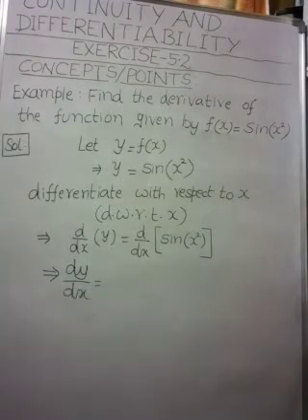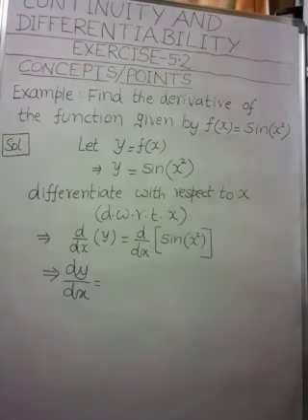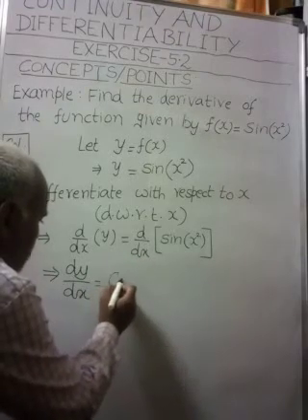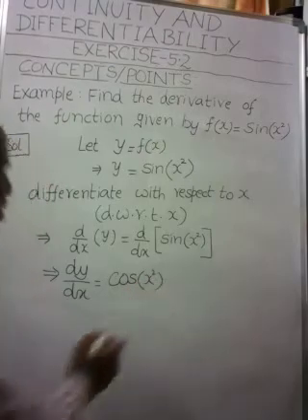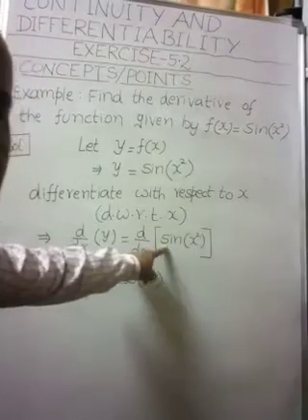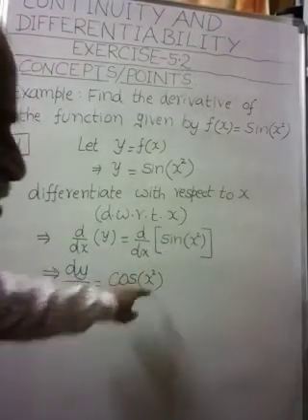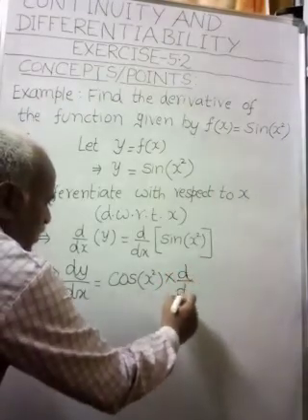So consider x square as capital X in your mind. The sine derivative is cos, so cos of x square into d by dx of x square.